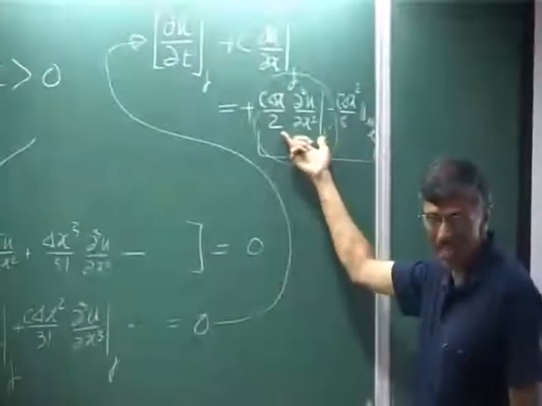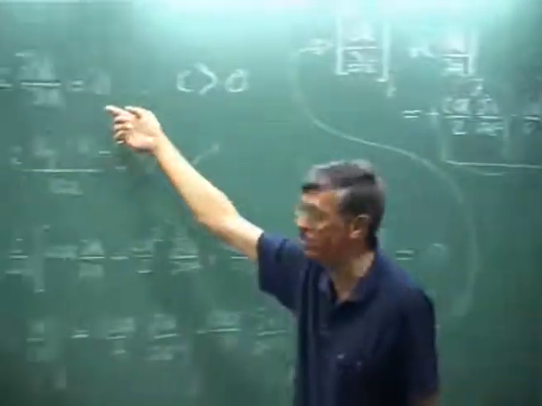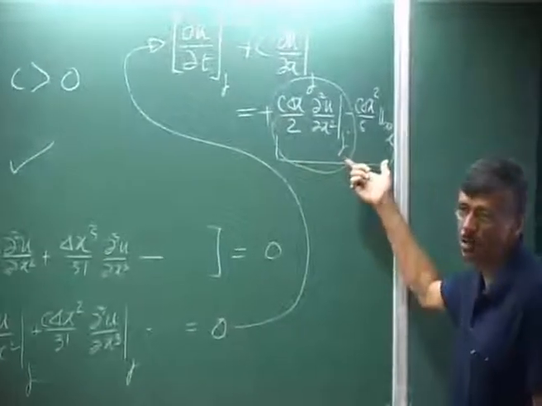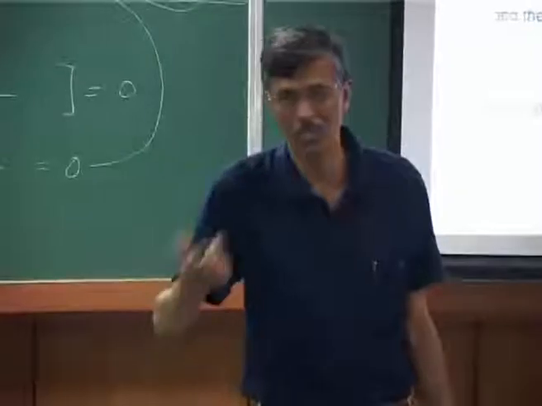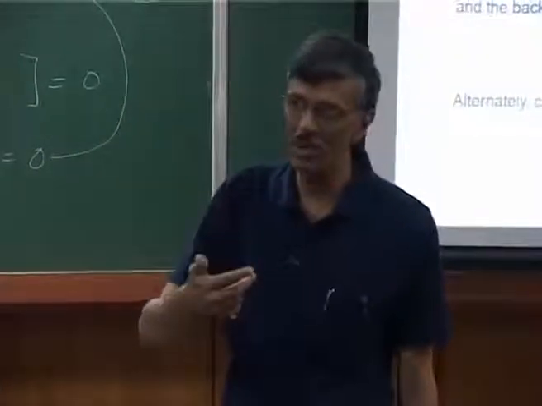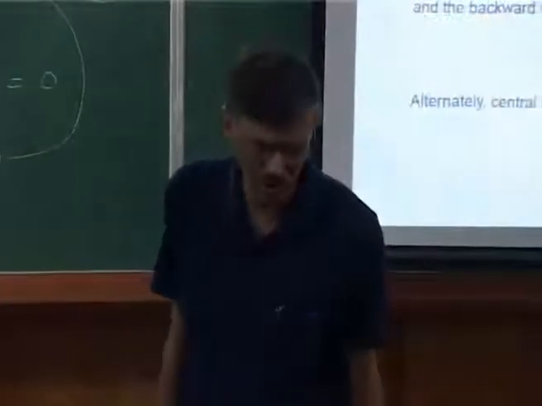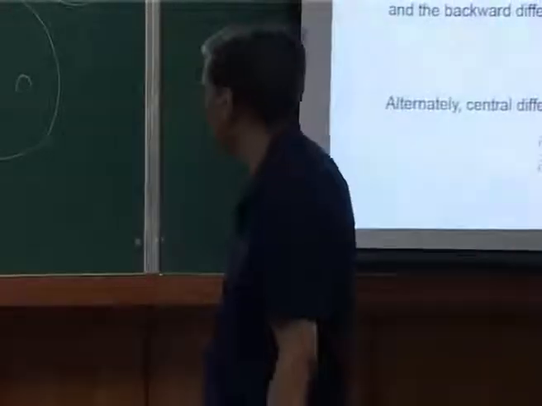So, this works like a numerical dissipation. Physically there is no dissipation in this problem, but solving it by the backward difference formula is equivalent to adding a numerical dissipation, because it is proportional to delta x. In the theoretical limit of delta x going to 0, it should have gone away, it should not have bothered you at all; the right hand side terms should disappear.